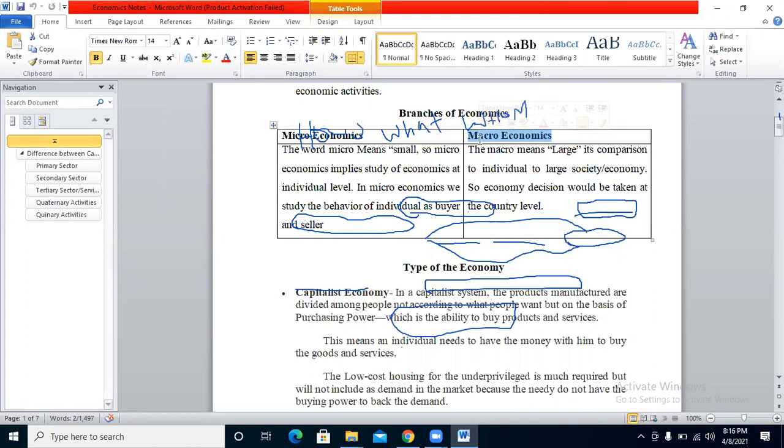But when I consider the overall performance of the whole class, it is called macroeconomics.